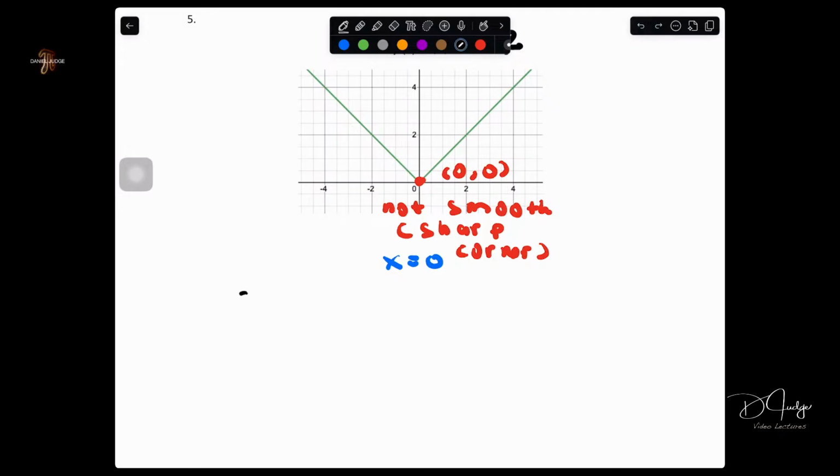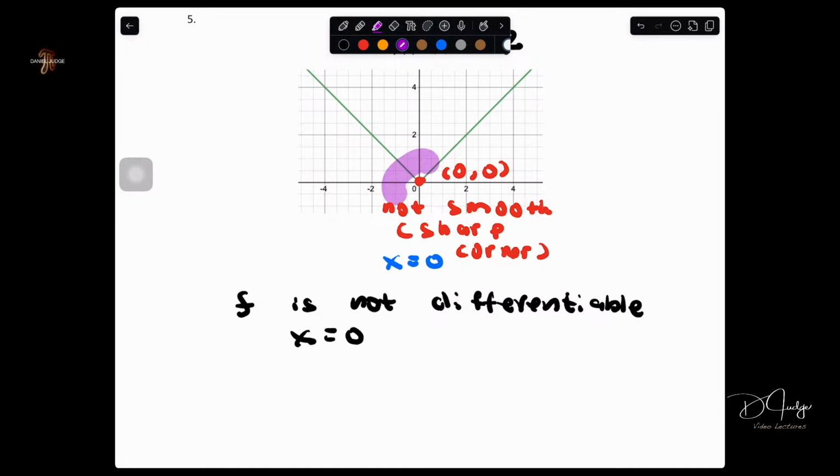So we'll say f is not differentiable at x equals 0 only. f is not differentiable at this location because you have a corner here. That's the only location of the corner.